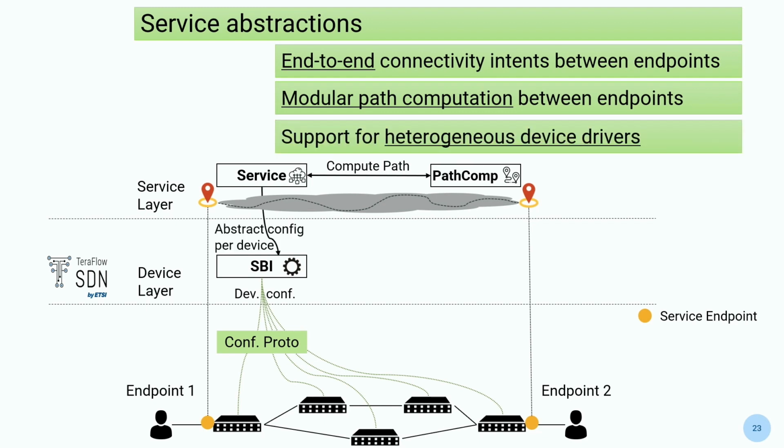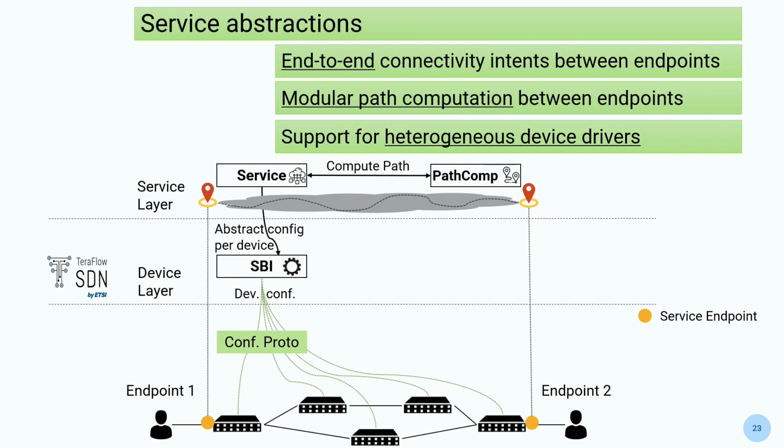The third thing here is that, despite all this luxury, the ability to connect any endpoint in the network, you still want to be able to manipulate lots of different devices underneath.